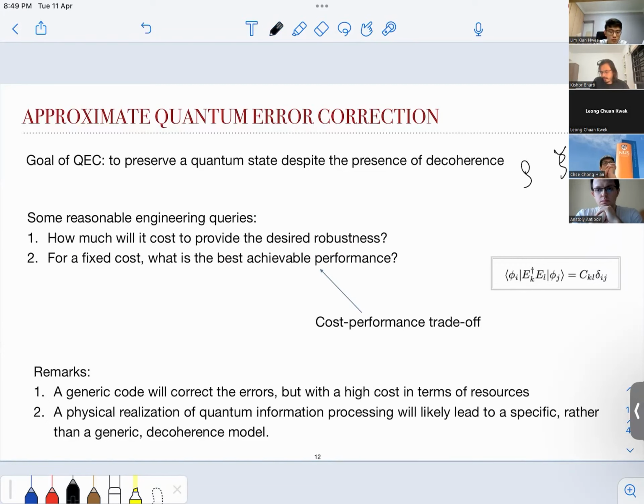If rho is equal to rho tilde, I'm happy. But let's say rho is not rho tilde, but rho is approximately equal to rho tilde. Maybe then also I will be happy. So one can ask the question, let's say I do not want complete error correction, but what if there is some error correction? The other question somebody could ask, for a fixed cost, what is the best achievable performance?